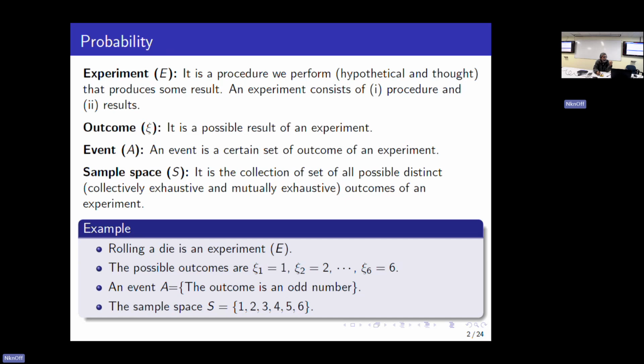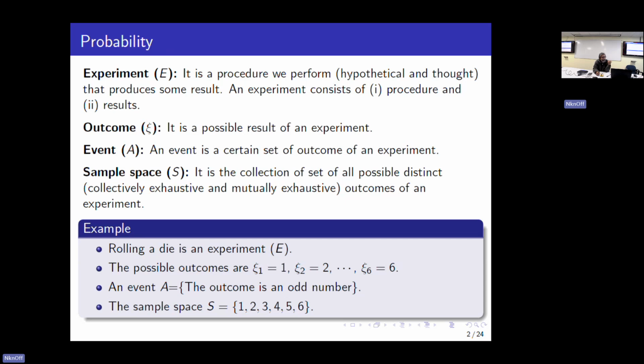Then the outcome, we call it zeta. It is a possible result of an experiment. We did an experiment, there is some result, and this is called the outcome. An event is a certain set of outcomes. If we create a set of outcomes, it becomes an event. And the sample space is the collection of all possible outcomes of an experiment.